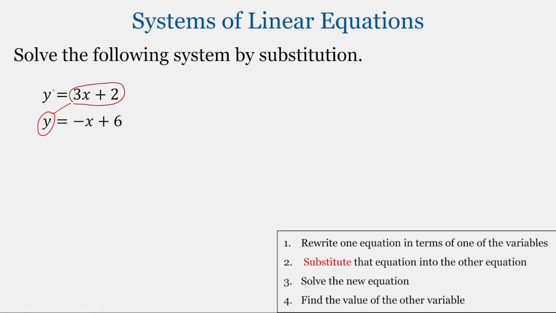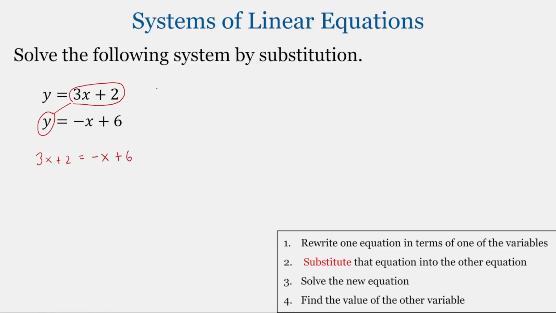Now you can also replace the y in the first equation with the expression negative x plus 6. Either of these is going to work. So when we substitute this in, we end up with 3x plus 2 equal to negative x plus 6.